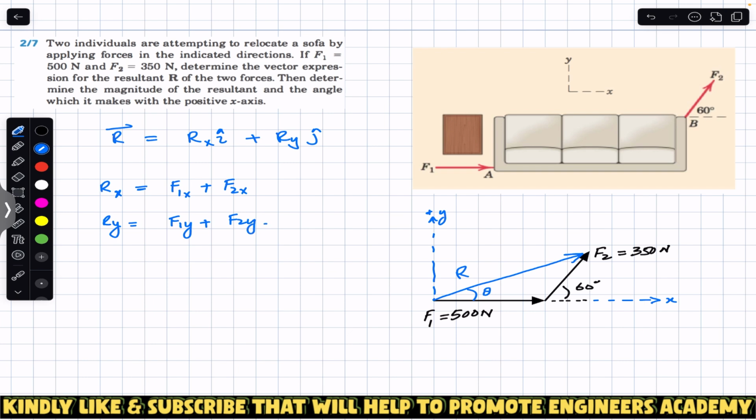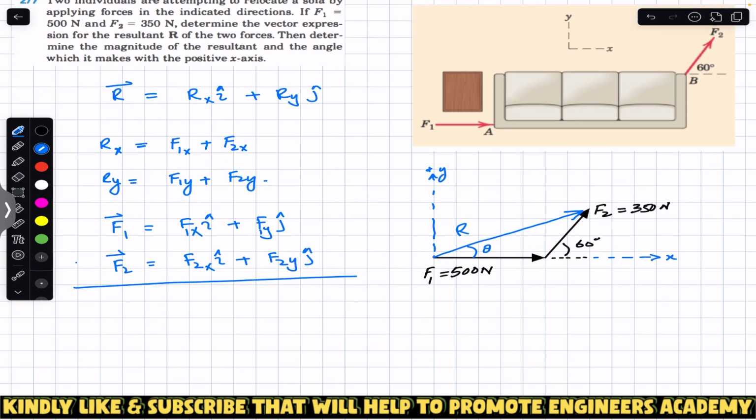Or we can do it the other way around. If we write F1 in terms of its i and j components, F1 equals F1x i plus F1y j, and similarly if we write F2 vector, that will be F2x i plus F2y j, and then if we add them, F1 plus F2 will be equal to the resultant vector, and here we will add the i components and we will add the j components.